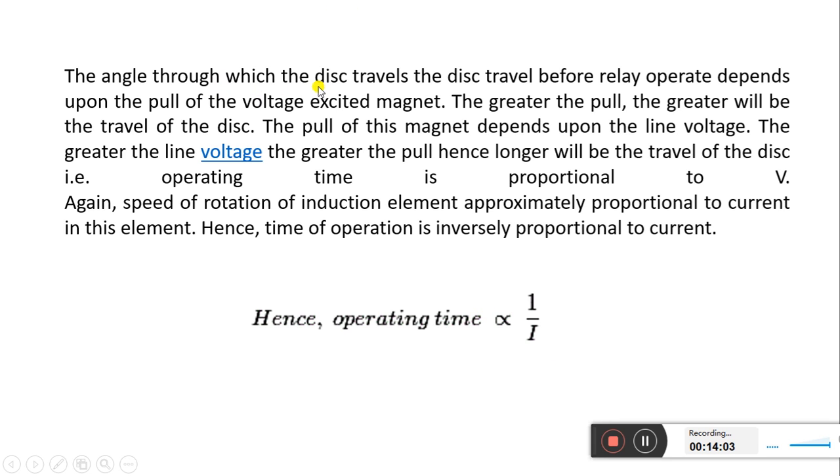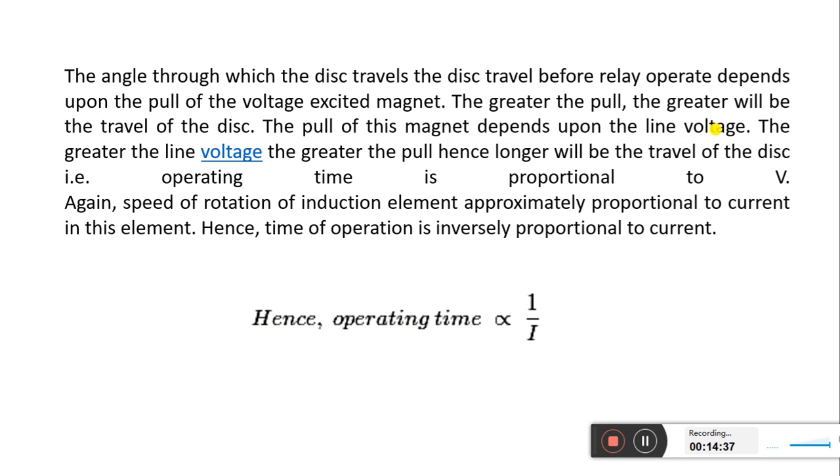Now the angle through which the disc travels before the relay operates depends upon the pull of the voltage excited magnet. This has been told earlier also, that disc travel will be proportional to the voltage applied across the voltage coil. Greater is the pull, greater will be the travel of the disc. So the pull of this magnet depends upon the line voltage.